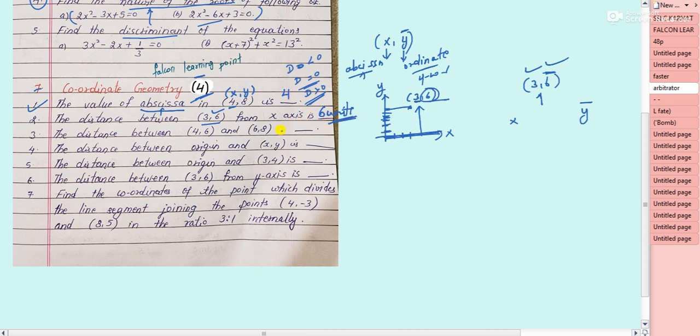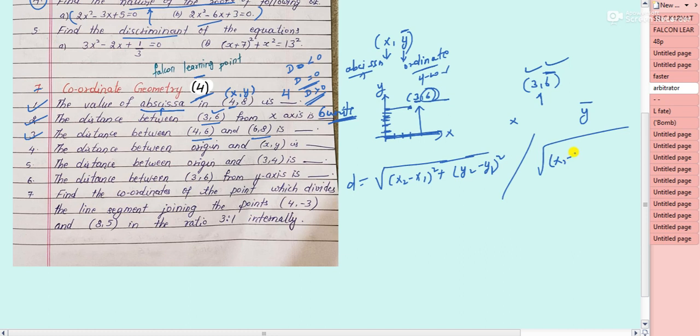Keep that in mind. Next question is the distance between (4, 6) and (6, 8). So use the formula. Distance formula: root of x2 minus x1 whole square plus y2 minus y1 whole square. This can also be written as x1 minus x2 whole square plus y1 minus y2 whole square.